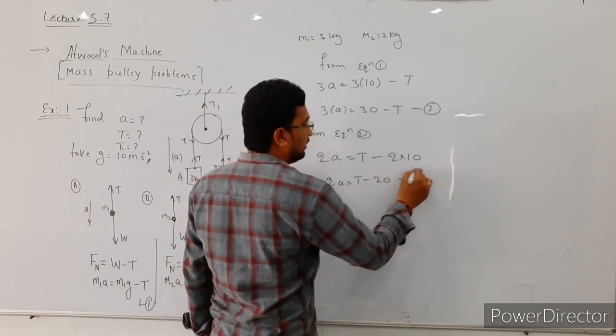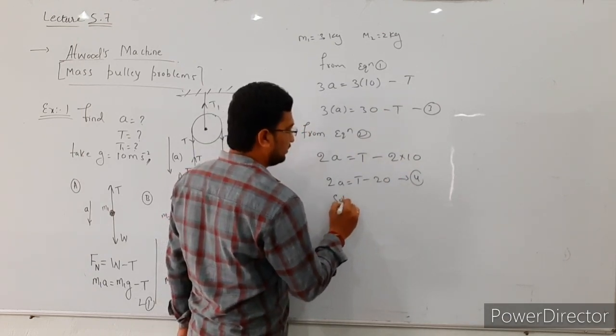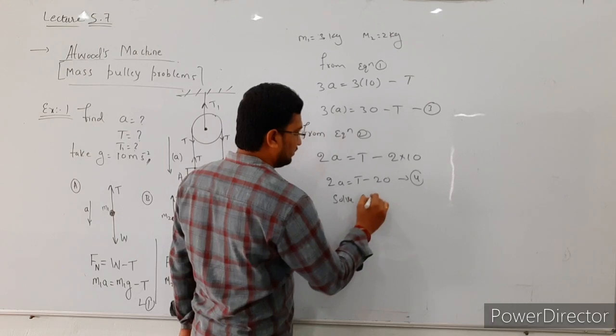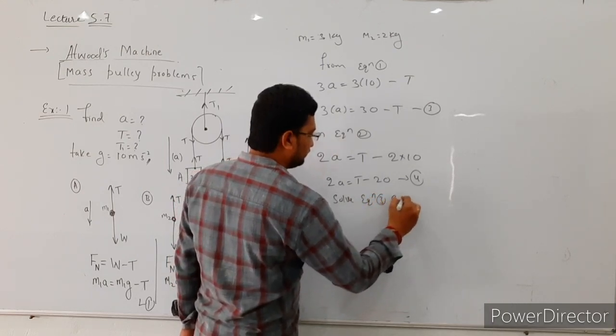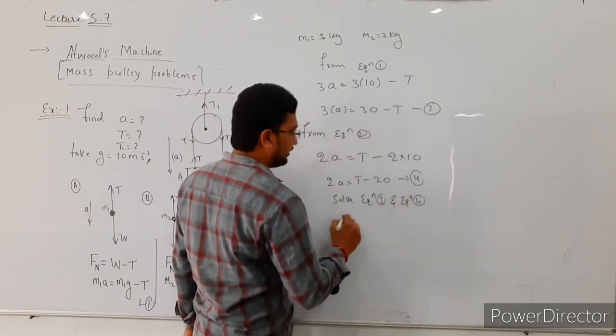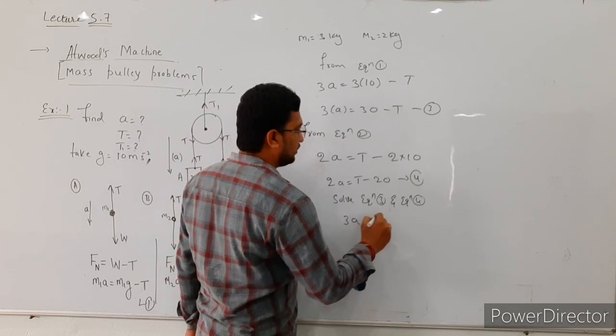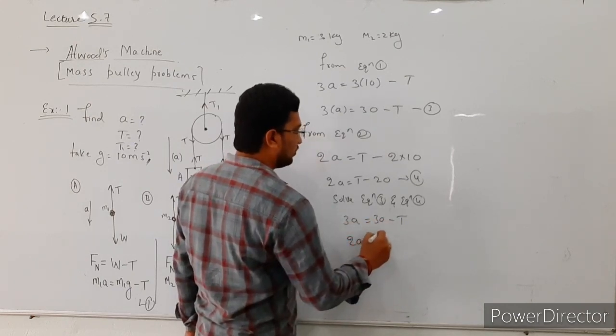This is our equation number 4. Now solve equations 3 and 4. Equation 3 is 3a equals 30 minus T, and equation 4 is 2a equals T minus 20.